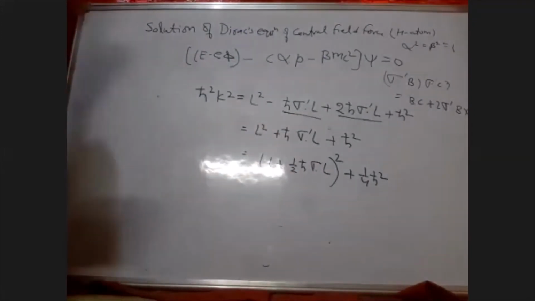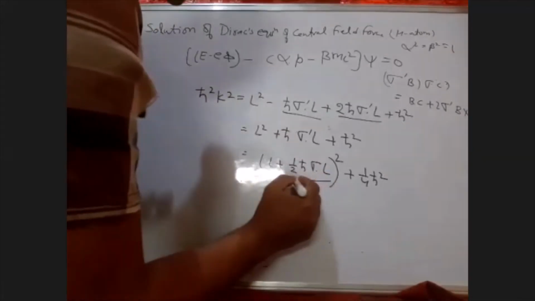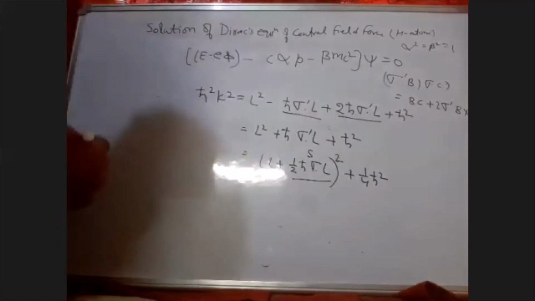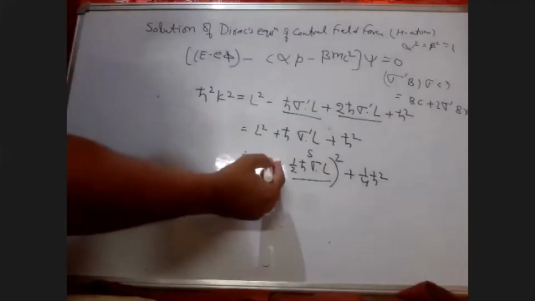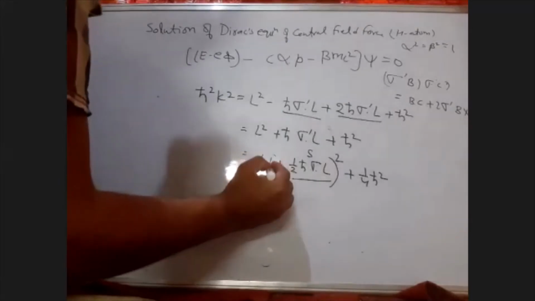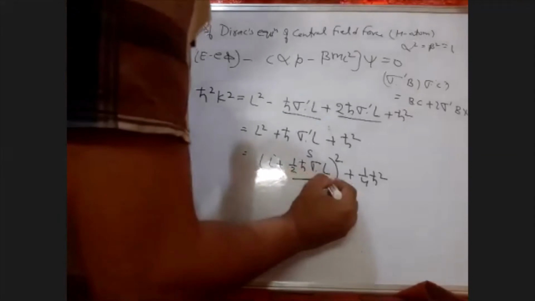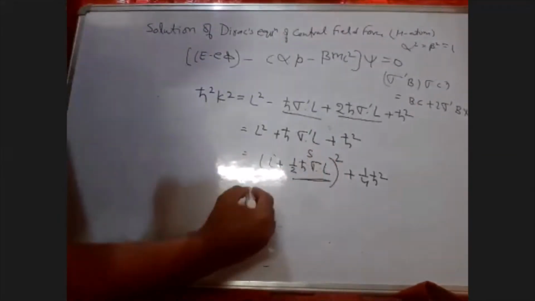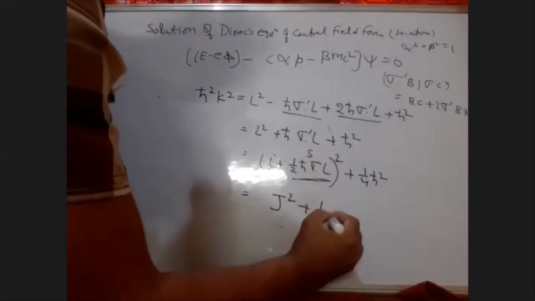We know that the value of this is S and L plus S is J. L is the orbital angular momentum and S is the spin angular momentum operator. So we can write J square plus 1 by 4 h cross square.